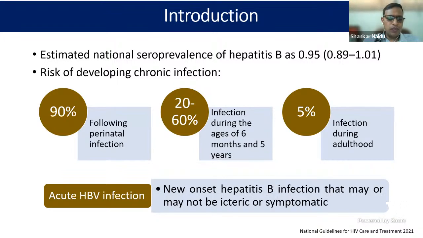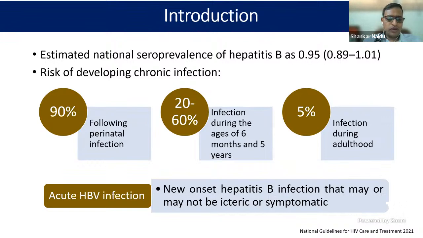The probability of developing a chronic hepatitis B infection would depend on the age at which the infection has been acquired. It is as high as 90% in those patients who have acquired it perinatally, that is mother-to-child transmission. Whereas it is only about 5 to 10% among those patients who acquire it during adulthood.